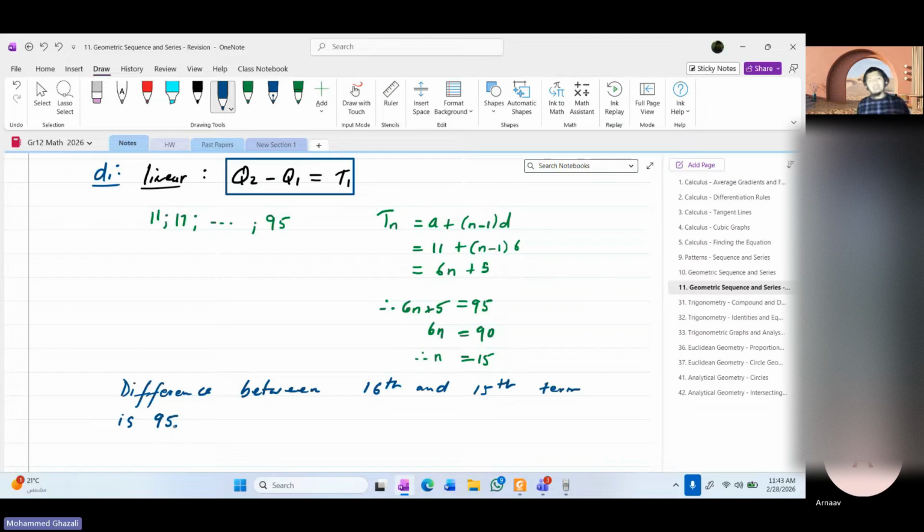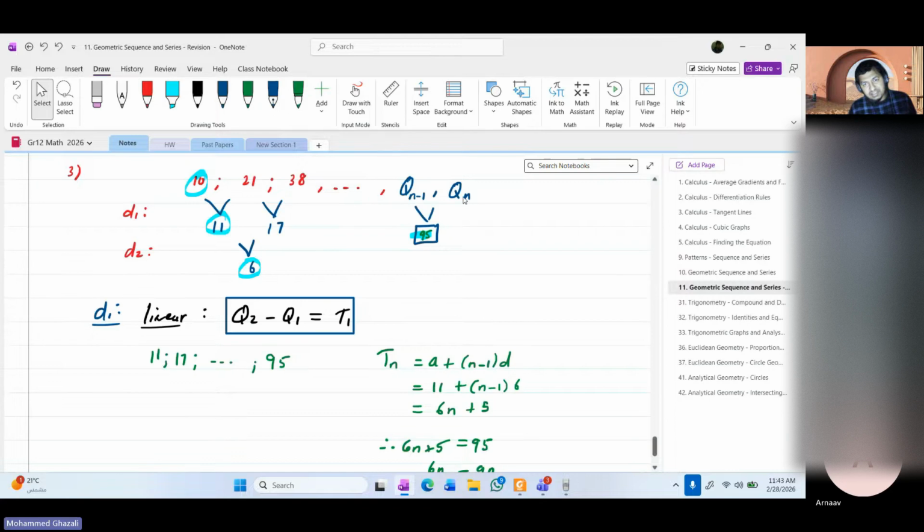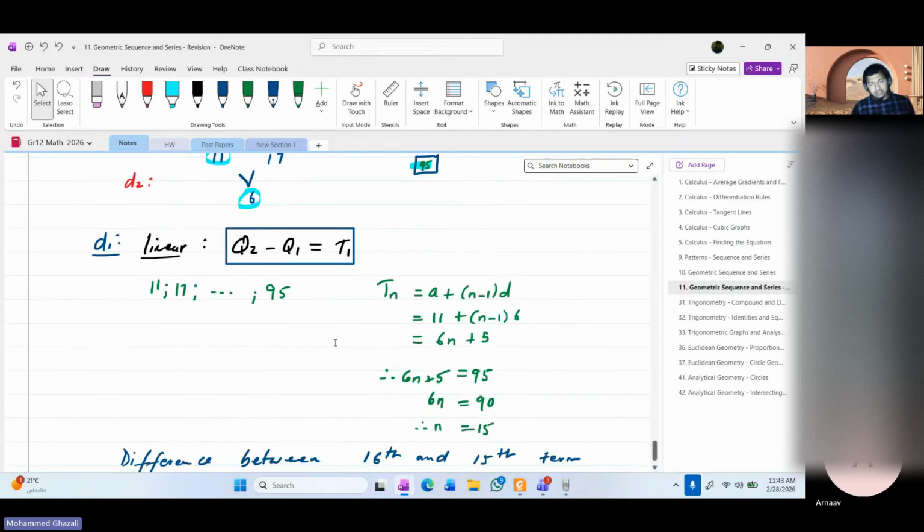So this has to be term 16. So remember what I wrote here. This implies quadratic 16 minus quadratic 15 will give me term 15. So we got n is equal to 15. 95 is the 15th term. So it has to be the quadratic difference between 16 and 15. Okay?